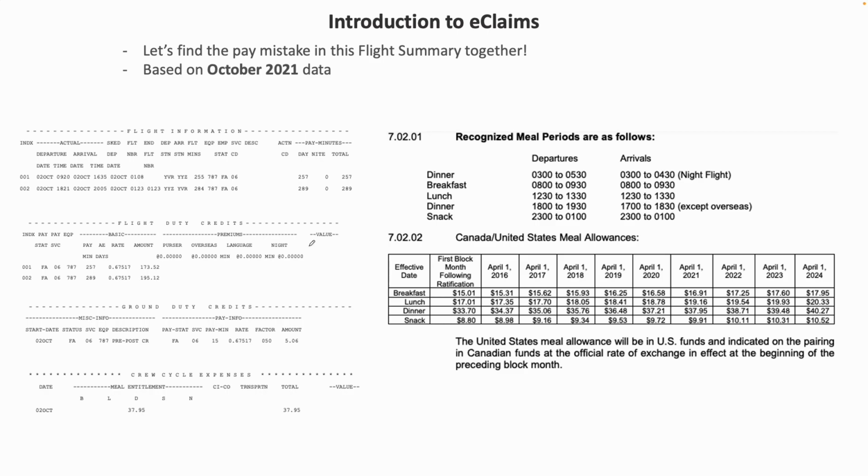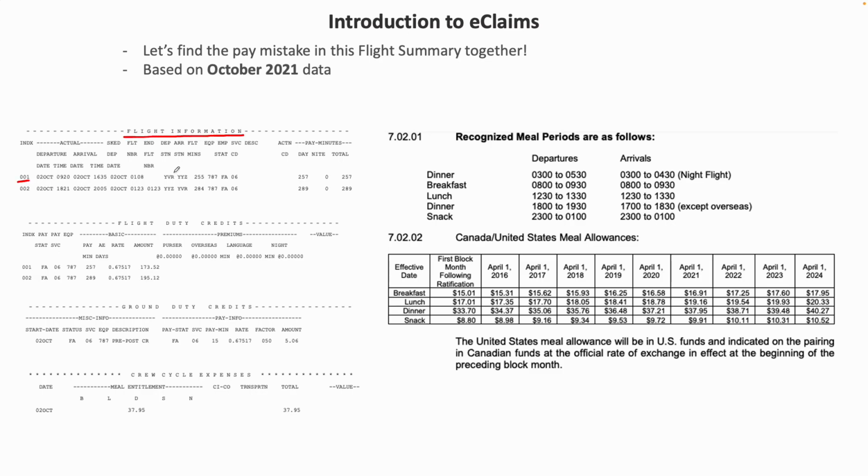So we're going to move on to working through eClaims whenever we find mistakes related to our pay. We're going to look at my flight summary, or at least a portion of it, from October 2021. When looking at my flight summary, we can see that there are 2 activities in the flight information section.